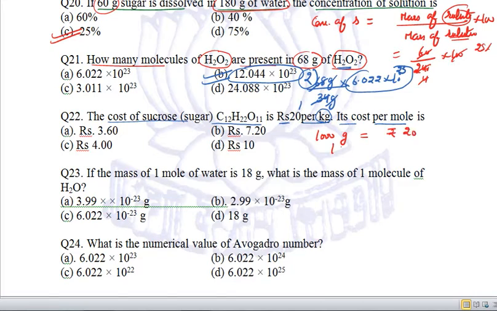So 1 gram will be costing 20 divided by 1000, and if we try to relate the cost of the gram molecular mass, that is 1 mole, per mole means 1 mole, and 1 mole is equal to the mass of the molecular mass in grams.